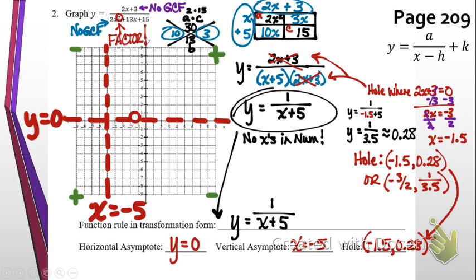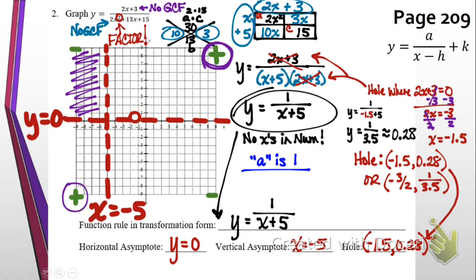Then we're going to use our a value. A is what? A is 1, so we're going to be in which quadrants? Positive quadrants. We're in the positives, not in the negatives.